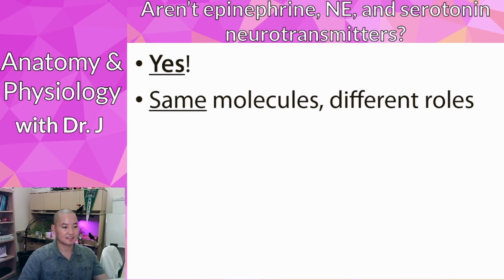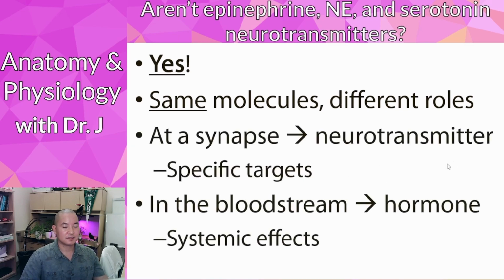Now, if you release a hormone into the bloodstream, remember your blood goes everywhere in your body, right? So now you're releasing it out, it's like sending out a tweet, now it's out into the ether and goes everywhere in the world. Same with the bloodstream and a hormone. It's a systemic, global effect compared to just putting a neurotransmitter directly onto one cell.